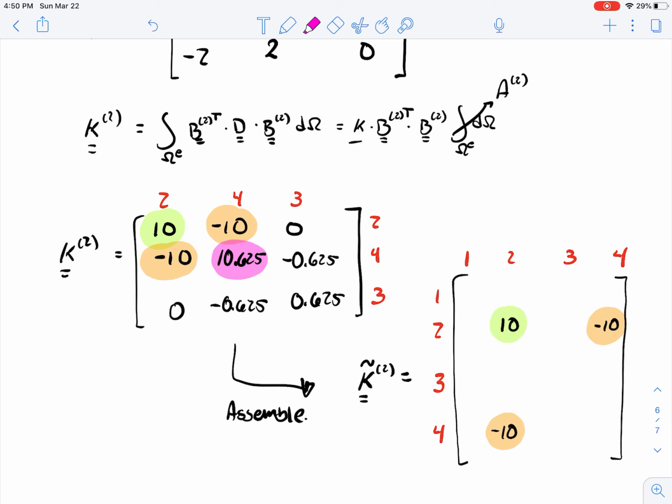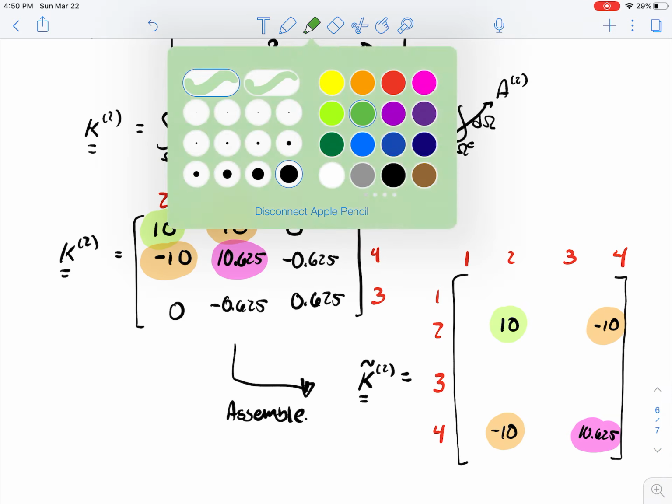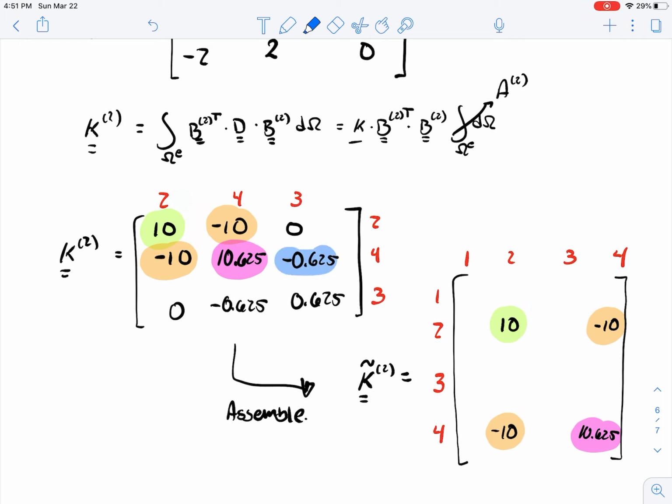Then this one right here is going to 4, 4. So 4, 4 is right here: 10.625. Then let me do this one. So that was 4, 3.